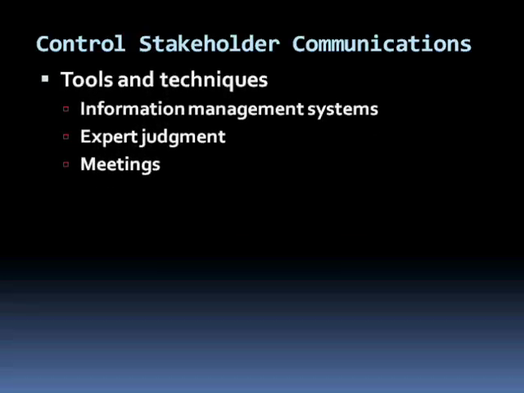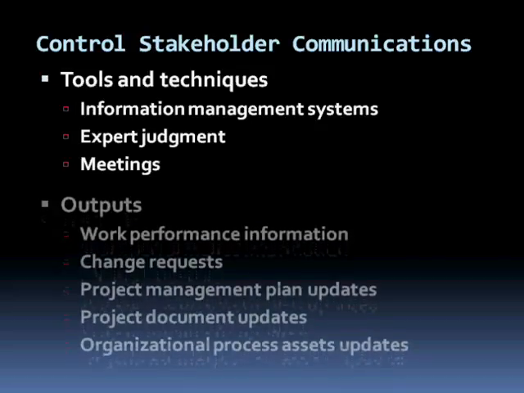You could make use of the information management systems that are available for use by the organization. You could consult experts. You could bring the right people to meetings to find ways of controlling stakeholder communications.